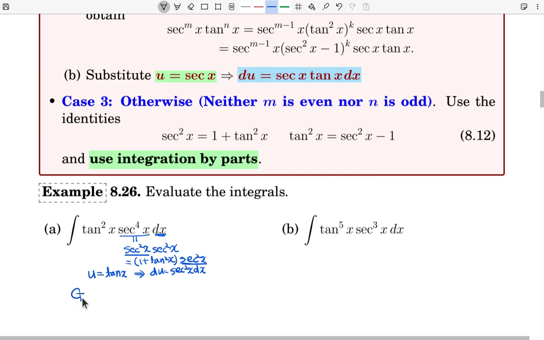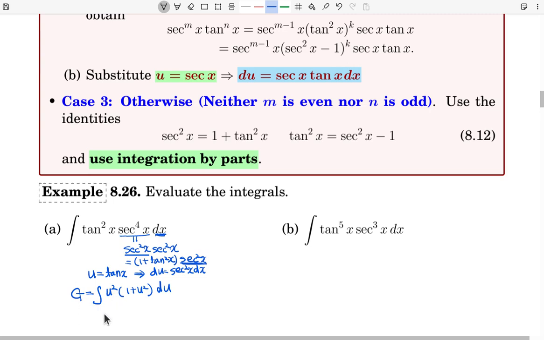The given integral can be written this way. The first factor is u squared, then this portion is 1 plus u squared, and sec squared x dx becomes du.